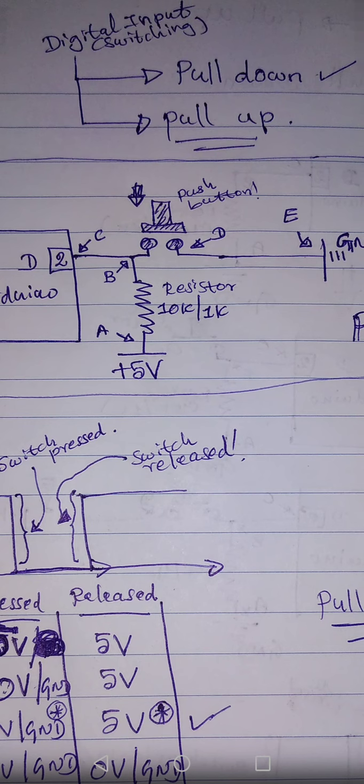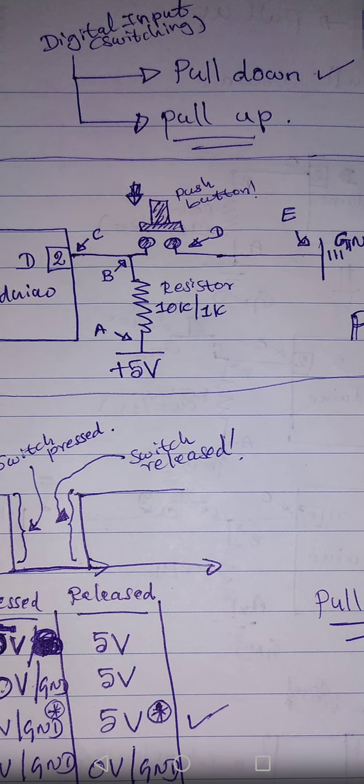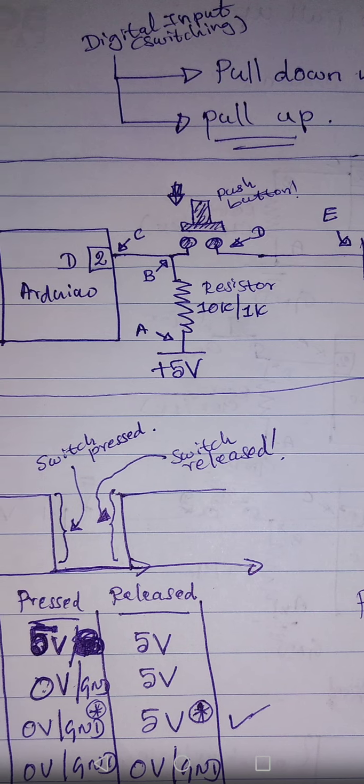The resistor takes the total 5 volts within itself, and there will be a current running from A to C, because we have +5 and ground. Current will run from +5 to ground, and for the +5 and ground terminals we are also using Arduino. From point D we take a wire and connect to Arduino's ground, and from point A we take a wire and connect to Arduino's +5. So current will run from +5 to ground, that is obvious.